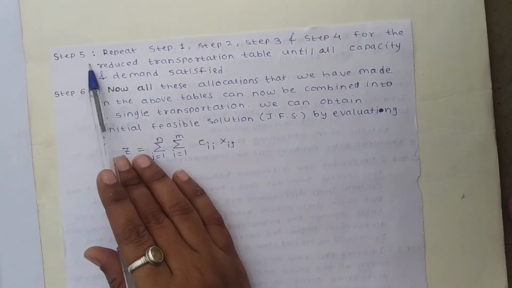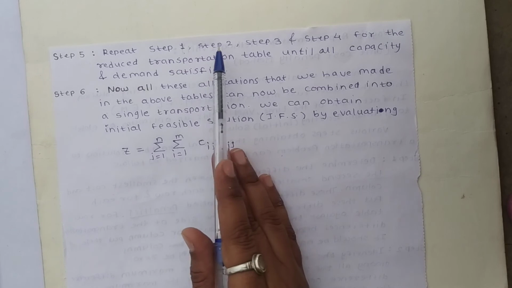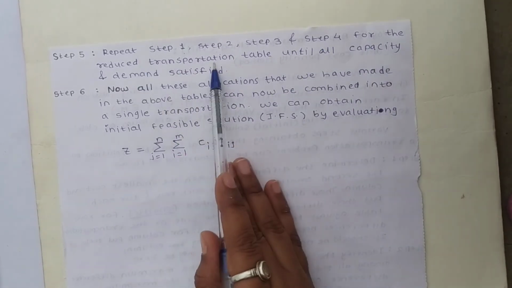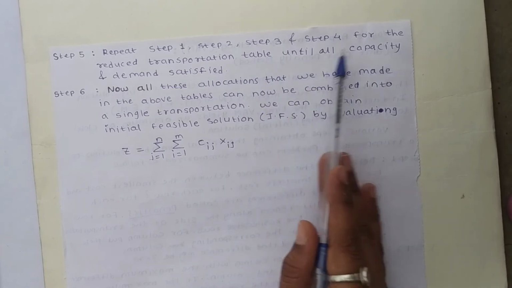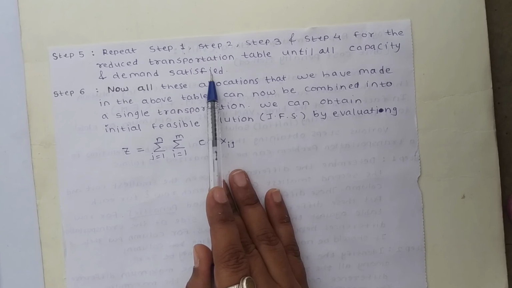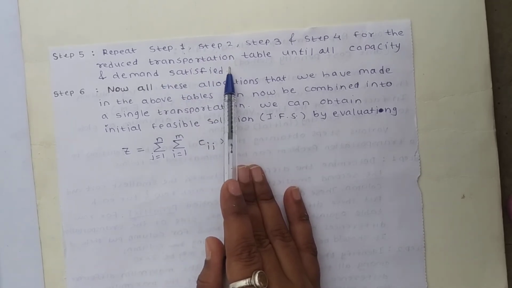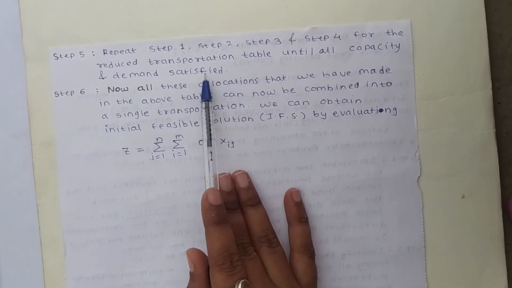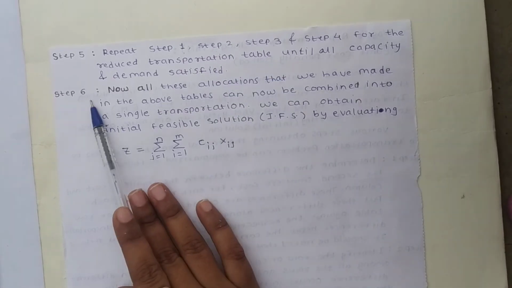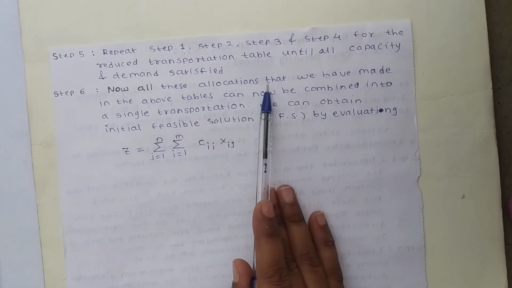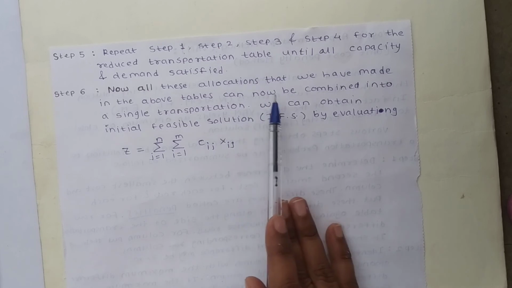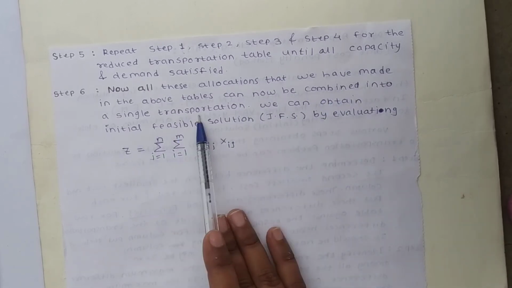Next, step 5. Repeat step 1, step 2, step 3 and step 4 for the reduced transportation table until all capacity and demand are satisfied. So we repeat these 4 steps to get the reduced transportation table. Now all these allocations that we have made in the above tables can be combined into a single transportation table.